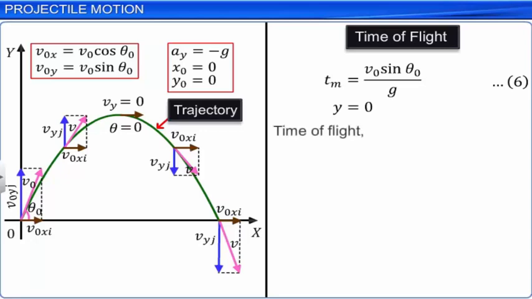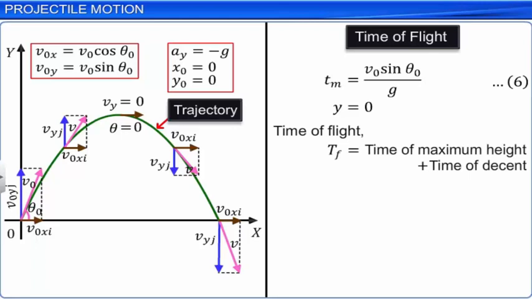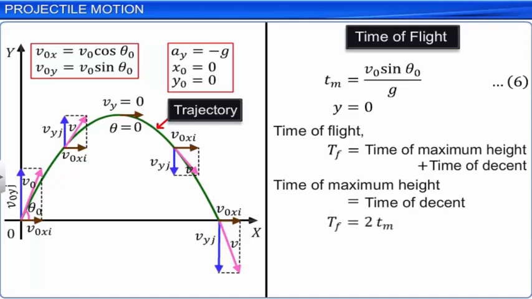By the symmetry of the path of the projectile, which is parabolic, the time of maximum height is equal to time of descent. Therefore, Tf is equal to 2Tm. On substitution, we get Tf is equal to 2V0 sin theta 0 by g. Let this be equation 7.